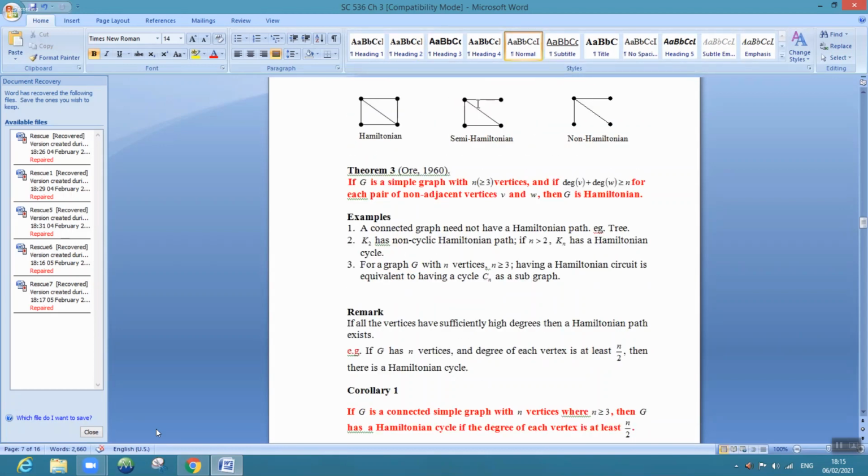But remember, a cycle with only 3 vertices is not enough. Here the graph has a cycle, true, but the number of vertices is not 4, it is 3. So for a complete graph, you can draw any complete graph, and it is Hamiltonian.